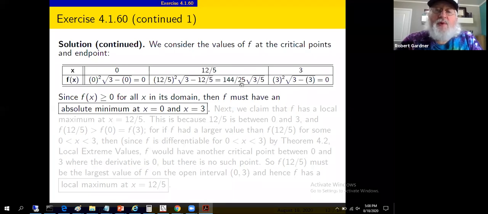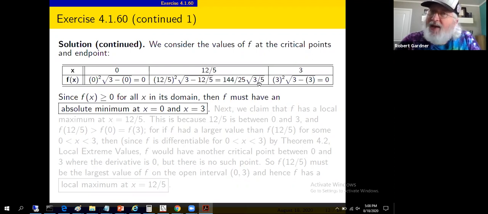We get 144 over 25 times the square root of 3/5. So I don't know, it's positive. The numerical approximation of this, I could care less. It's positive is really all that mildly catches my eye. It's bigger than 0. So it's looking like we've got mins here and a max here.